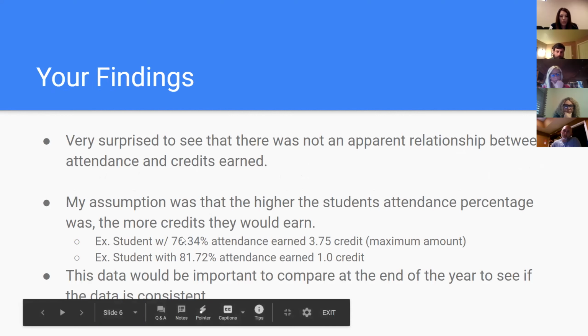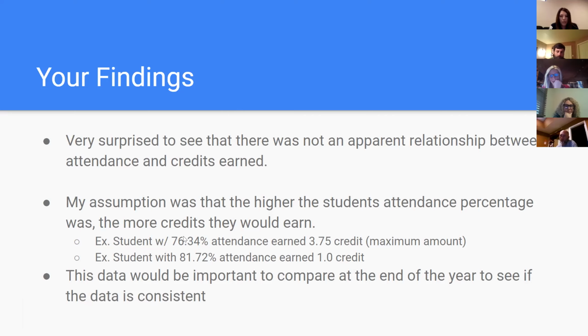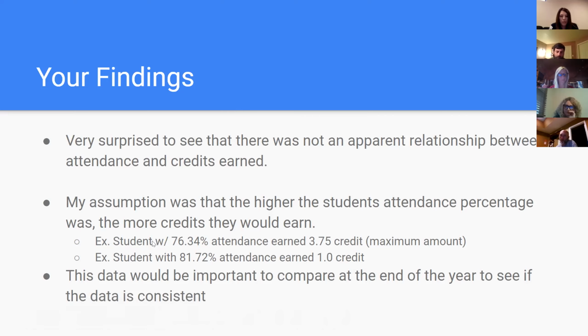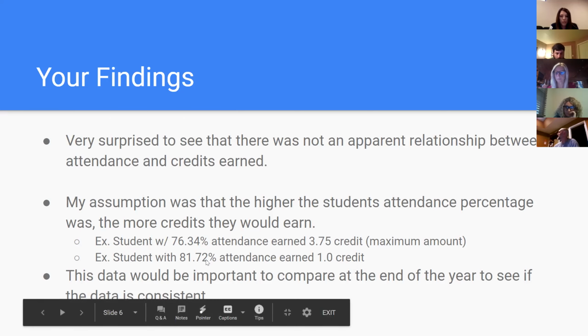When you think of 76%, you're missing a day and a half of school every single week on average. And then you had the student that had 81% attendance, and they only earned 1 credit. So they passed 2 classes out of 8 their first semester. So I really would like to look at this data at the end of the year.